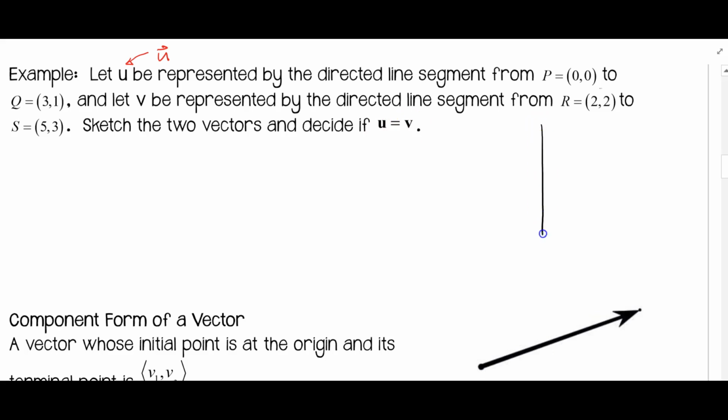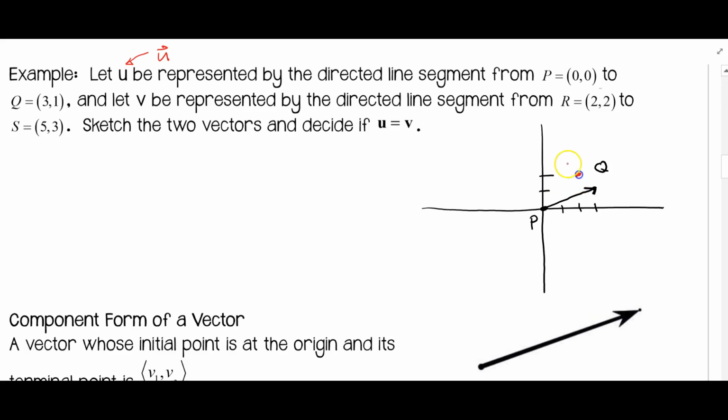All right, so let's go ahead and graph these. So we have P at 0, 0. And we have Q at 3, 1. So here is our directed line segment from P to Q. And then I have R at 2, 2.